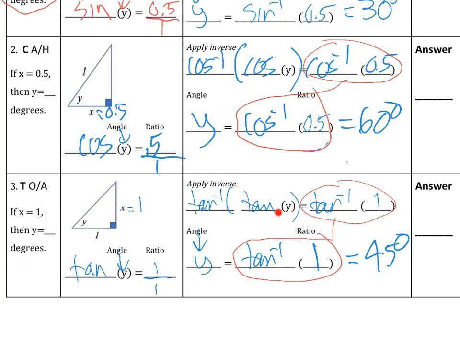Tangent is taken of angles, tan inverse is taken of ratios. That's important. Okay, and we're going to stop there. That was just a quick overview or review of right-angled trig.